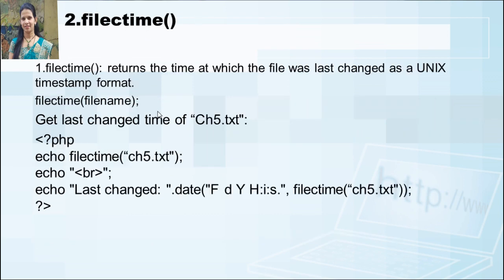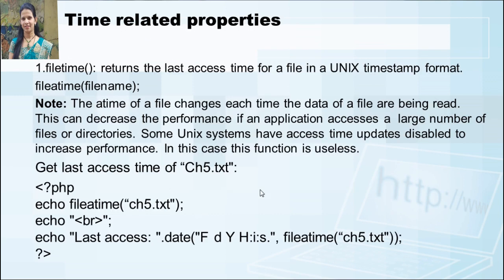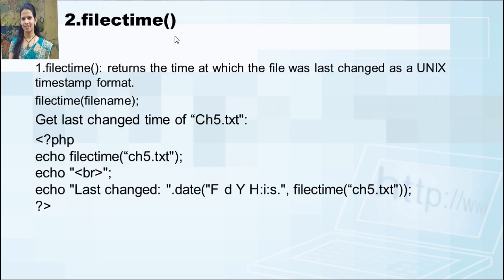Then filectime. See, the same syntax and the same example we are going to use for filectime also. It will return the change time. When your file was last changed, this will return the last change time of your file. So you use the same example: filectime, here is your file name, and here display the time.